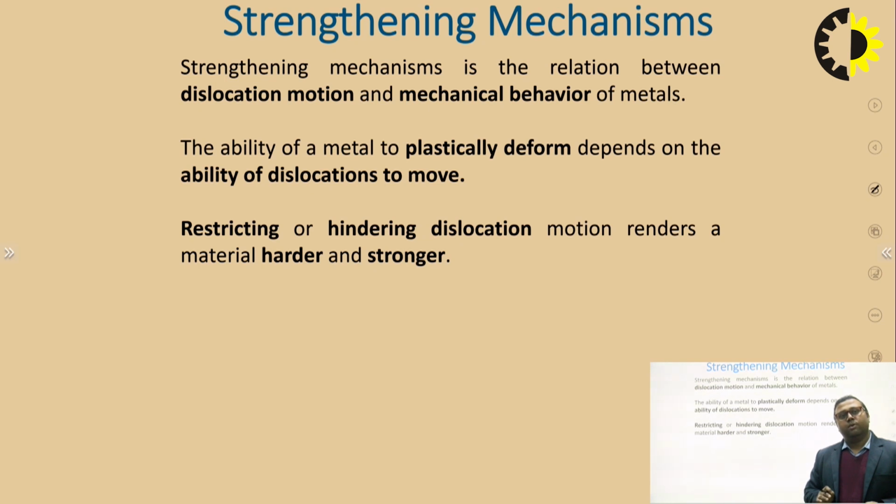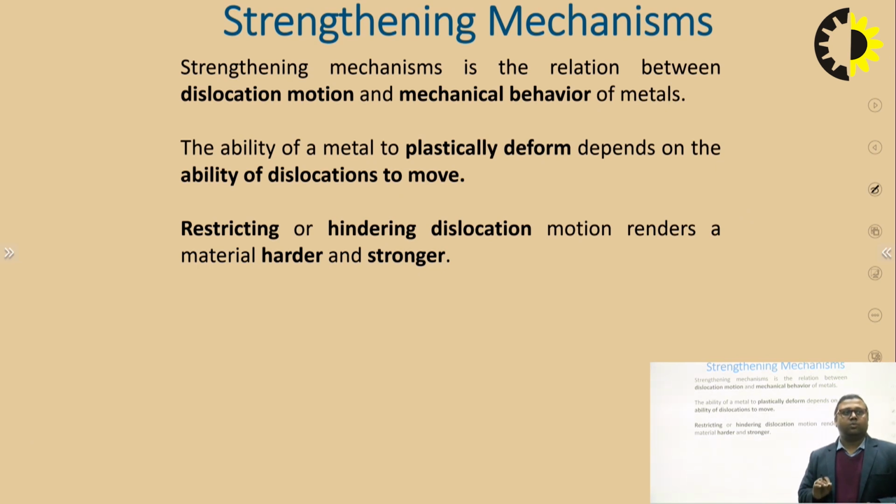Whenever a group of atoms are present in a particular material, this group of atoms shows some systematic distribution, and whenever this systematic distribution is disturbed when a particular force is applied or a particular treatment is done to the material, then this dislocation moves from one point to another point.